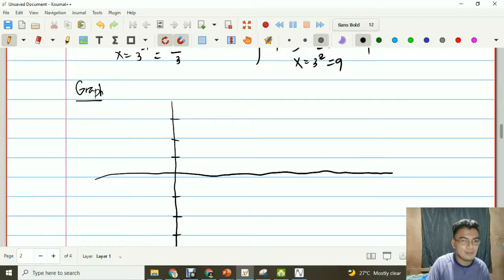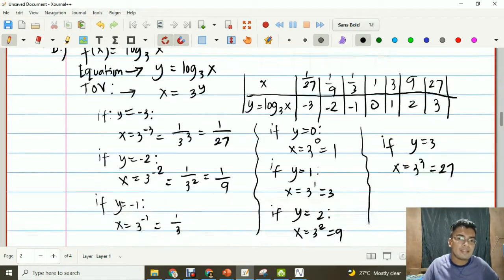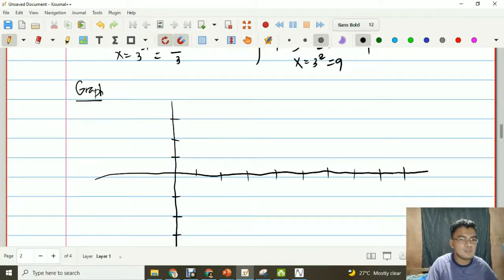So, hanggang 9 lang ho. This will be 1, 2, 3, 4, 5, 6, 7, 8, and 9. So if x is 1 all over 9, so suppose yung 1 all over 9 ay nandito, y will be negative 2.